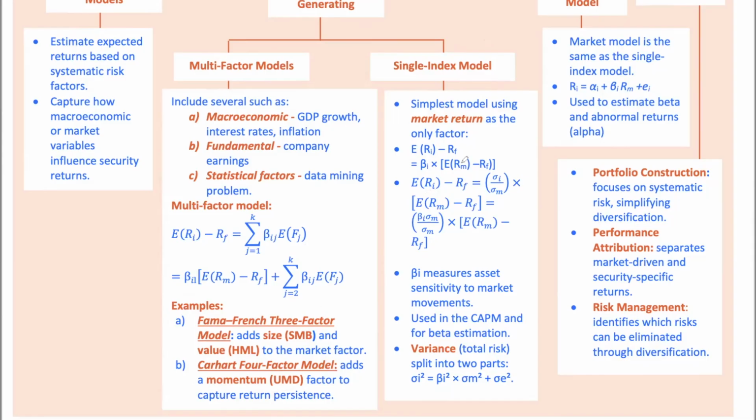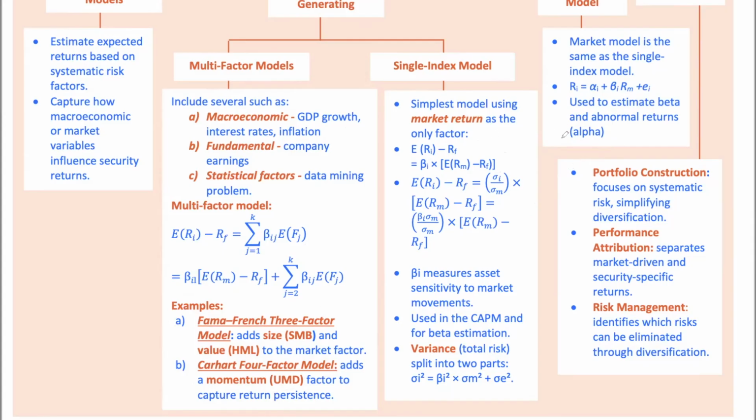What it's really saying is the extra return on a stock over the risk-free rate depends on its beta, how much it moves with the market. If, let's say, beta equals 1.2 and the market's expected excess return is 8%, the stock's expected excess return is 9.6%. That's it. Super clean, super testable.